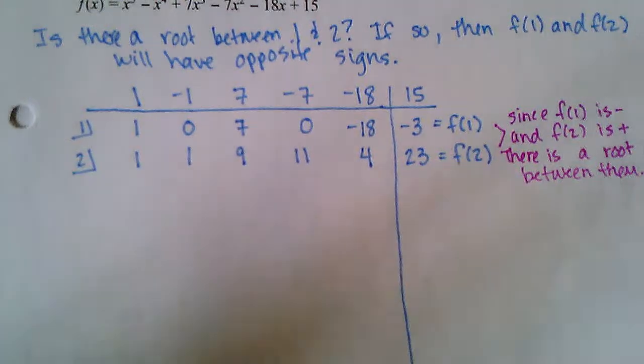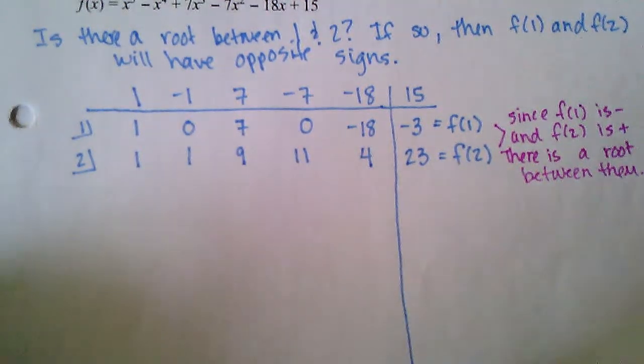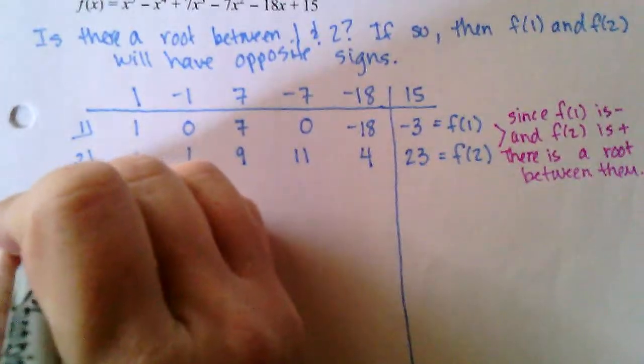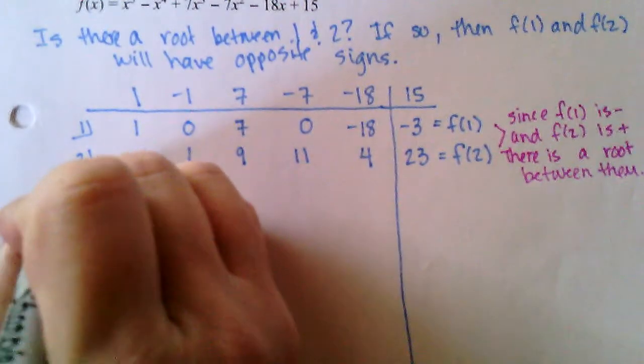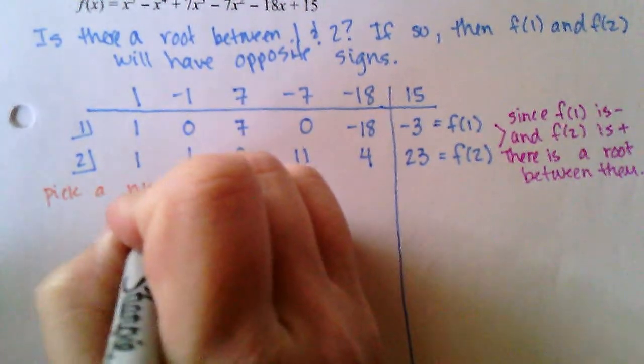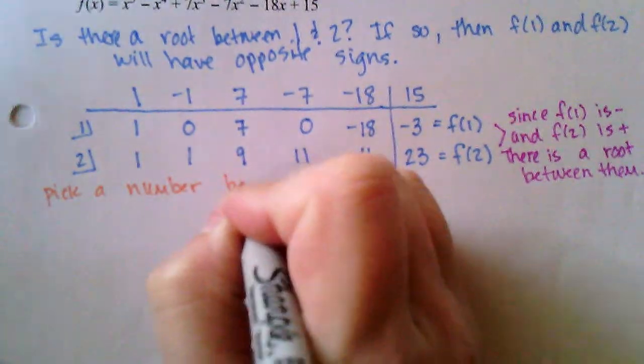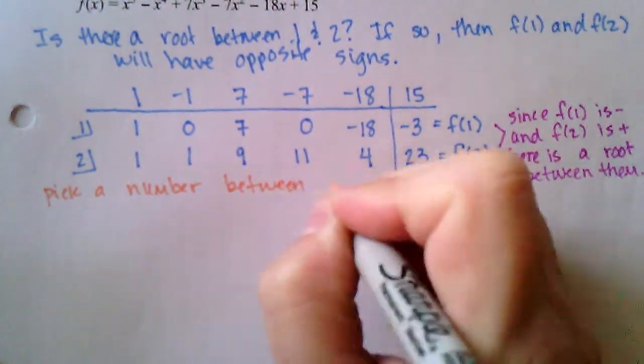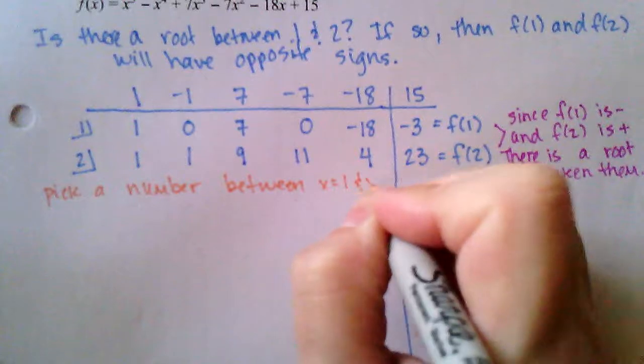So then what we're supposed to be doing is using the intermediate value theorem to estimate that root to the nearest 0.01. Since I know it's between x equals 1 and x equals 2, I'm going to pick a number between them.